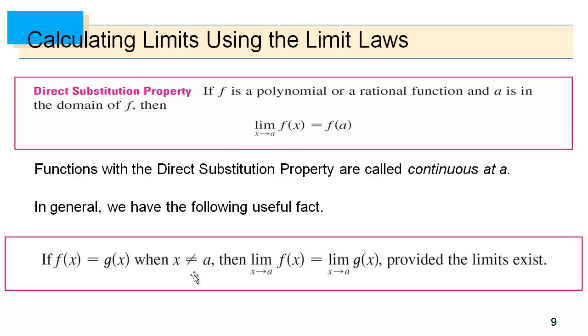The nice thing also is to know that if we're taking the limit of some function at some point a, it will actually just equal the function evaluated at a, as long as the function is defined for a.